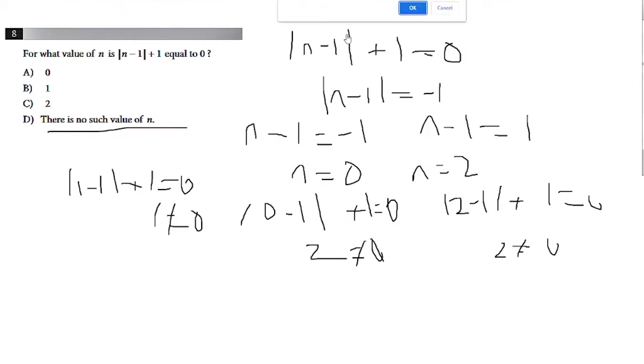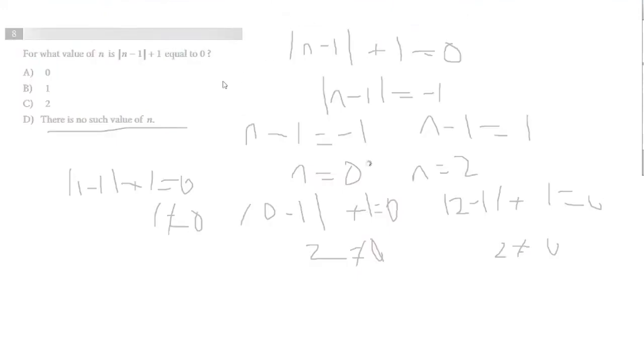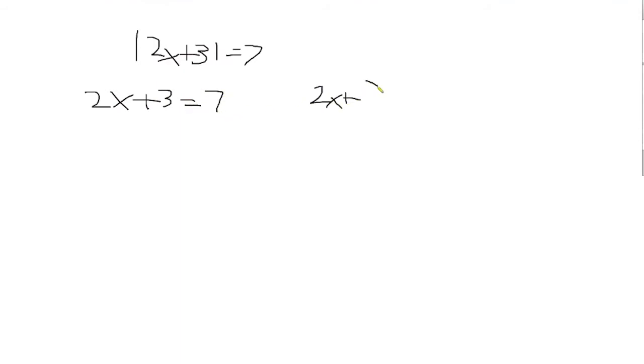You could actually be given an absolute value problem. Absolute value of 2x plus 3 equals 7, just to go over that. Then you would either say 2x plus 3 equals 7, or 2x plus 3 equals negative 7.